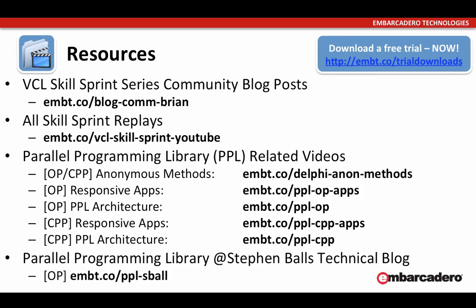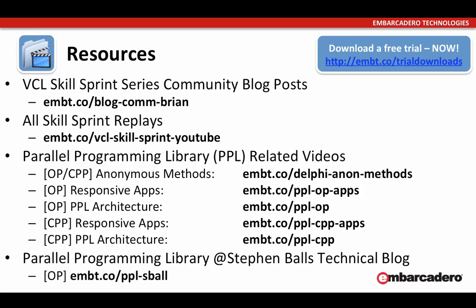The first one that I would recommend checking out is Bruno Babbitt's excellent Consuming Object Pascal code from C++. It covers C++11 lambdas as well as Object Pascal anonymous methods. And in particular here, lambdas are very handy to simplify the use of the new parallel programming library, as we briefly touched on today.